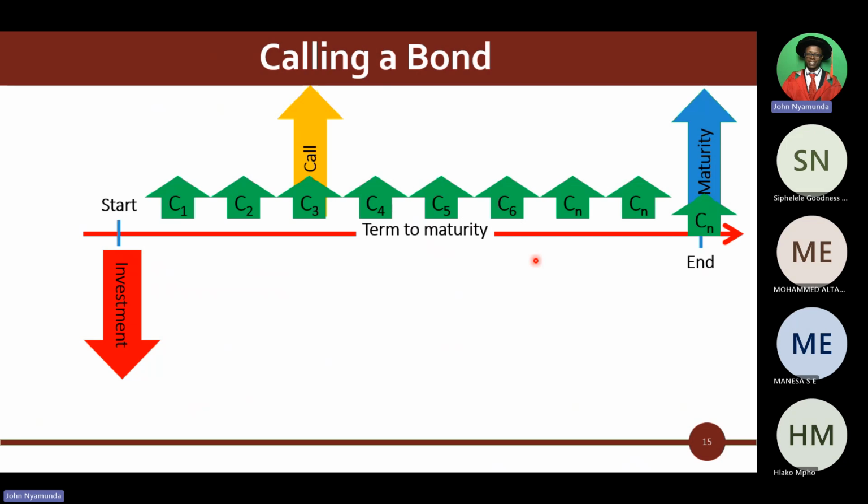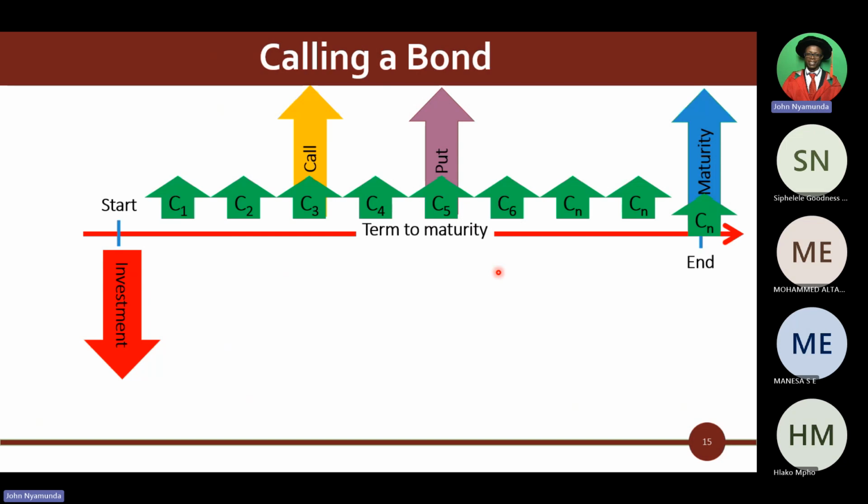He will refund you your money. So you invested hoping that you are going to get all these coupons to the end. But at a certain point, anytime upfront, the bond issuer will call the bond and give you back your money, paying it back before maturity. That's called calling a bond.